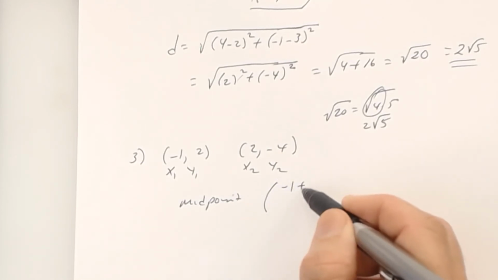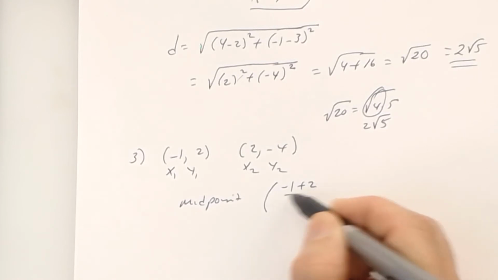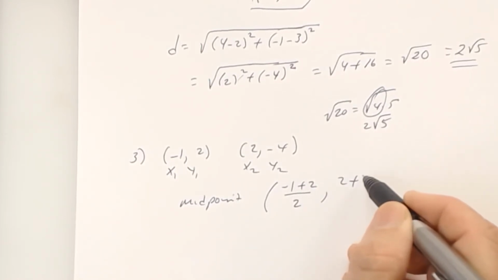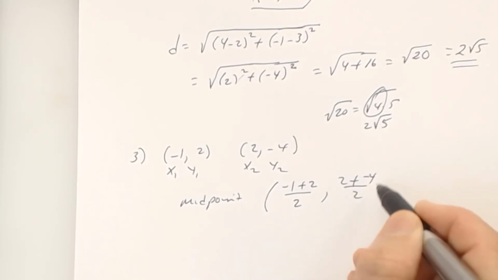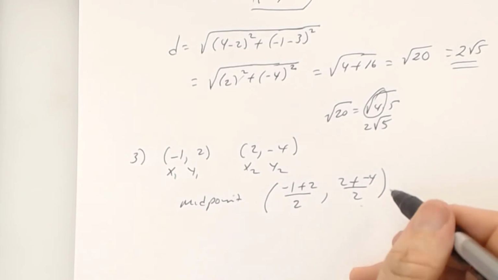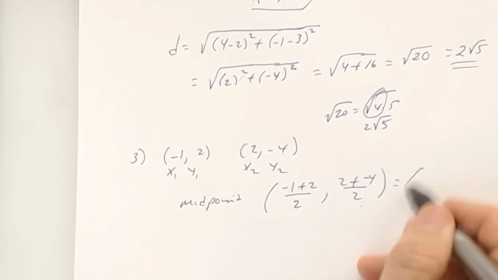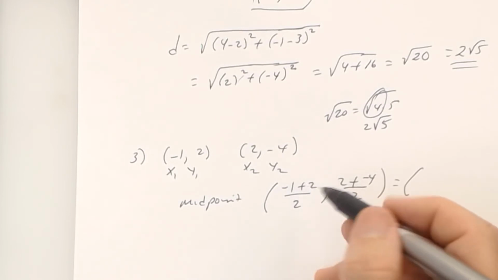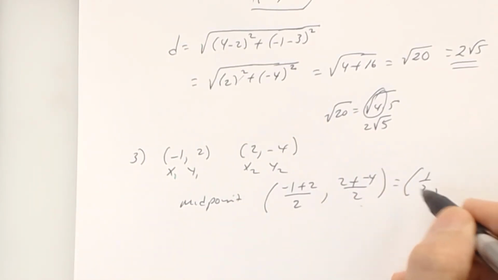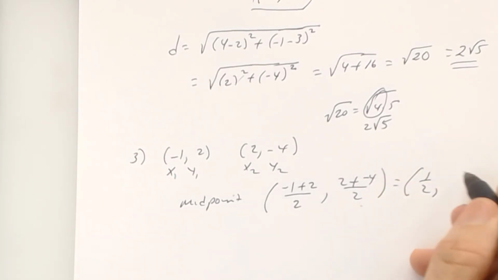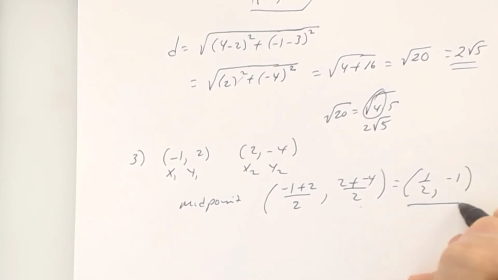That's negative 1 plus 2 divided by 2, and then 2 plus a negative 4 divided by 2. Remember, you add them. Distance is where you subtract. So what's negative 1 plus 2? 1. So you get a half. And then 2 plus a negative 4 is negative 2 over 2, which is negative 1. So that's your midpoint.